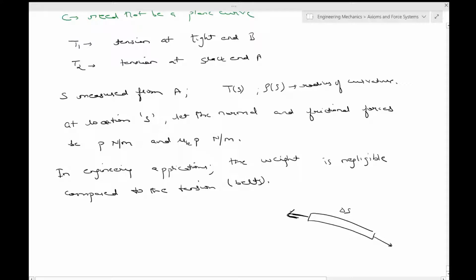That's why this will be taken as positive. So this was clearly the position S, and this will be S plus delta S. Over here the tension would be T e_t hat at S plus delta S. Over here it would be minus T e_t hat at S.